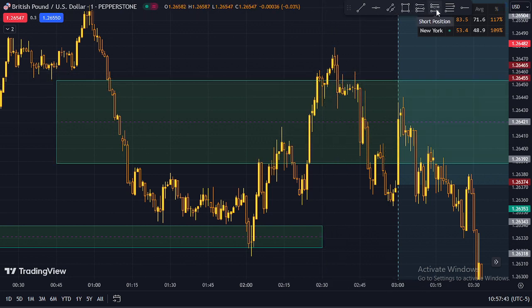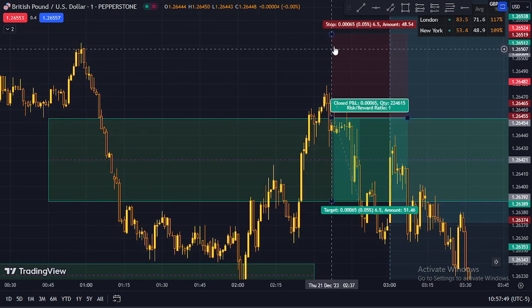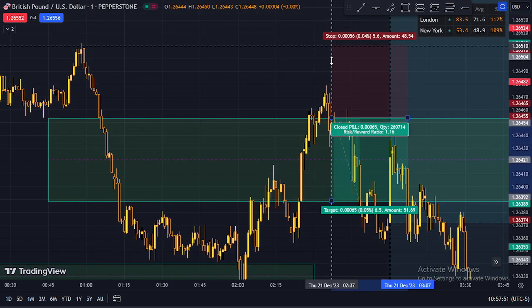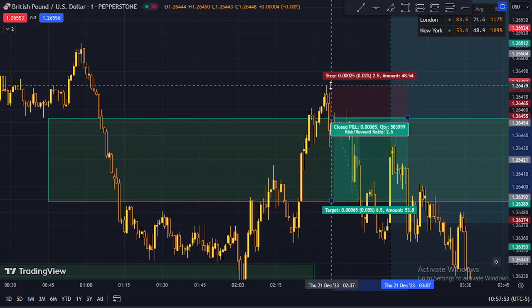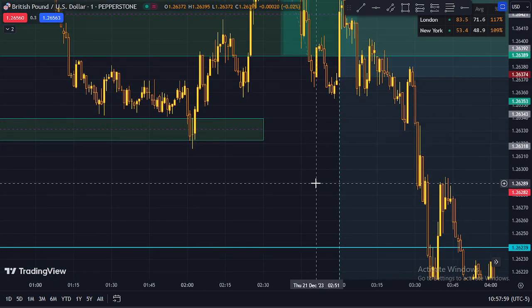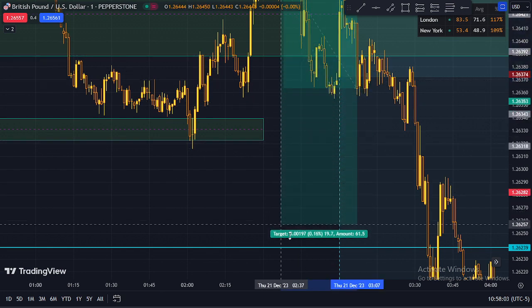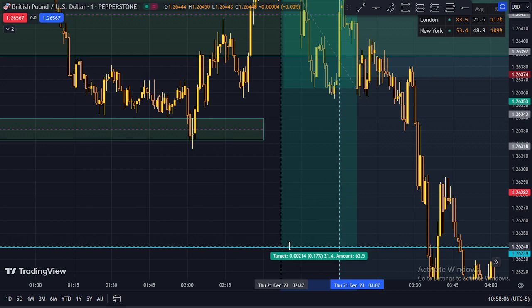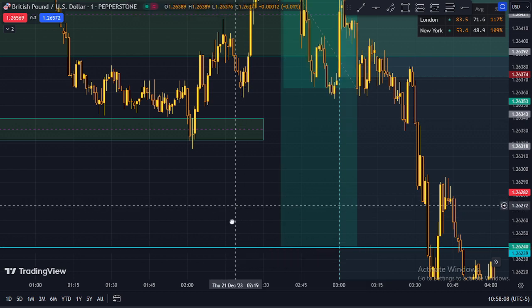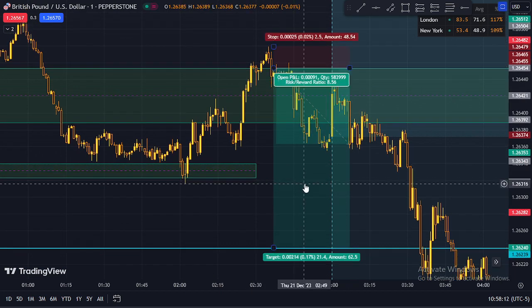So your position should have been placed right there. Your stop should be placed around that high right there, and then aiming for the relative equal lows that we had right there. So that was the Silver Bullet.